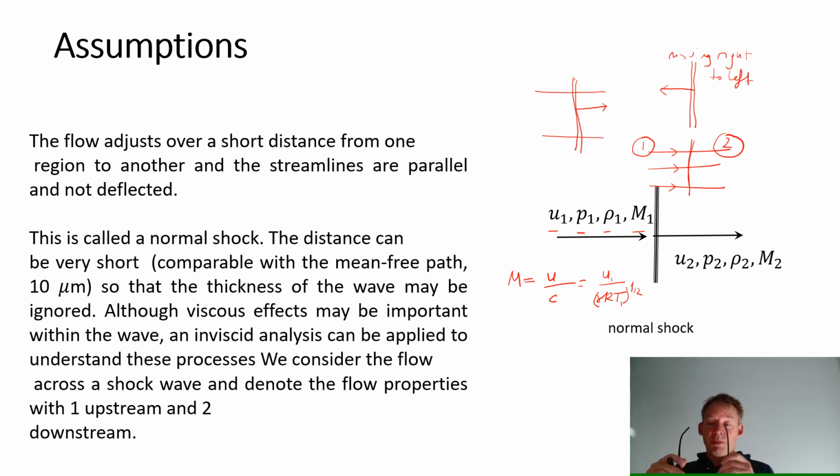So what we're aiming to do is to find out how M2 depends on M1. And in doing so, we're going to invoke a couple of fundamental principles, the notion that entropy must increase, and this is going to put some serious constraints on the type of solution that may exist.